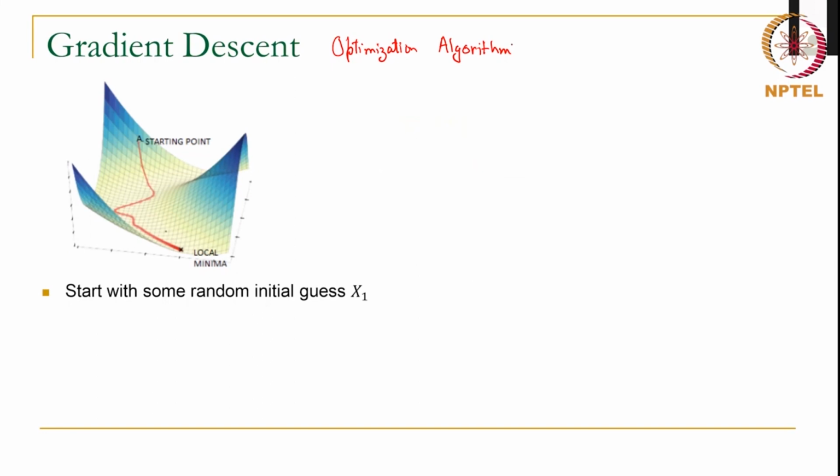In the case of neural networks, X here denotes the weights that we are trying to minimize. So that's what we typically denote by W.